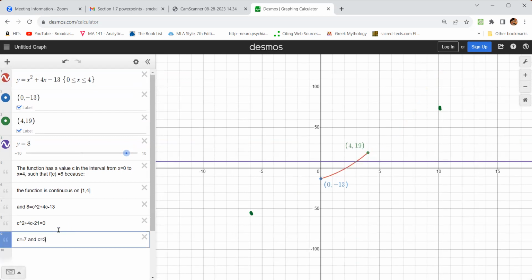So I'm going to use C equals 3 because it falls in the interval from 0 to 4, remember the proof.